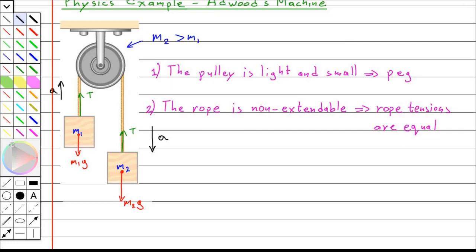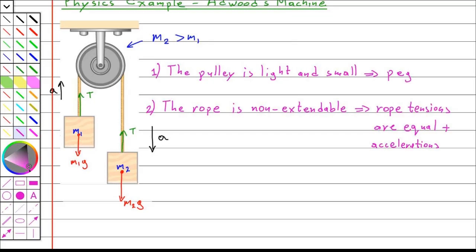Another consequence of assumption 2 is that the accelerations of the two masses are equal, not only the rope tensions. So we have placed all the vectors of the problem on the diagram. Again, we do not care about the forces from the pulley because it's very light and all the turning effects are neglected.